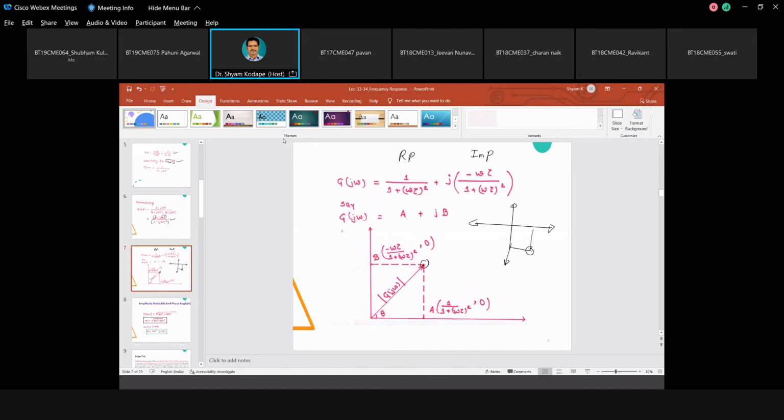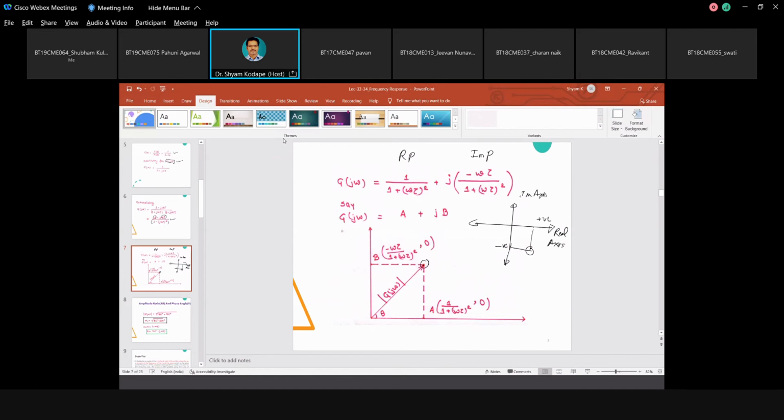So it should be here. We can represent the complex number in this fashion. This is the imaginary axis, and this one is the real axis. Is this visible? This is a simple representation of the complex number on the graph.